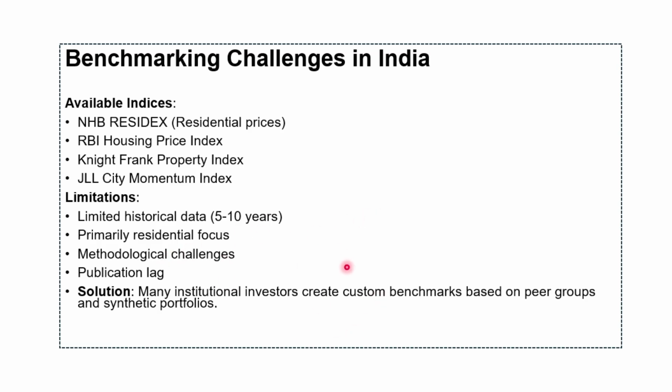So this benchmarking challenge highlights the importance of absolute return focus in real estate rather than purely relative performance measurement. Many times you will see that absolute return focus is there instead of relative because of this absence of benchmarking.